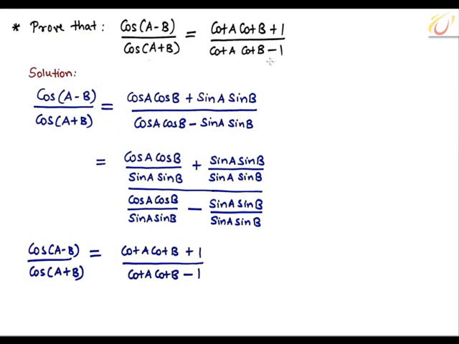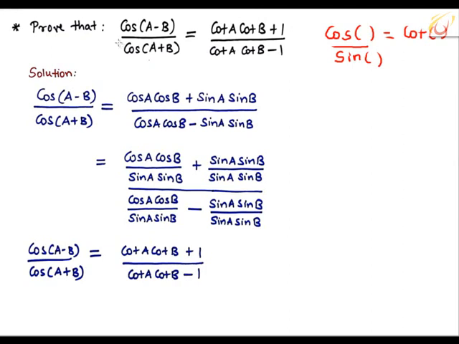So basically we have to understand that we have to somehow convert whatever is in cos into whatever is in cot. If you want to convert from cos to cot, there has to be a sine component which is dividing the cos component. So this is the thought process with which we start.